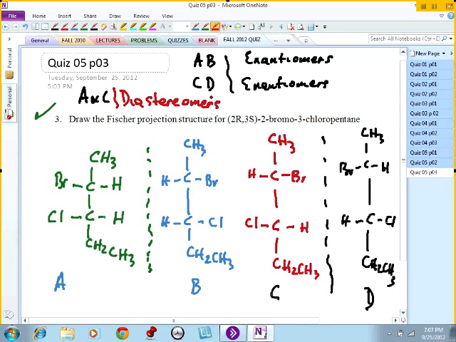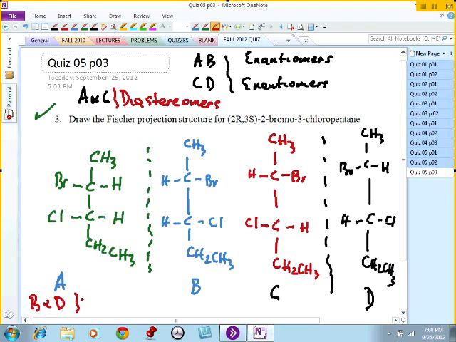Therefore, what are diastereomers? Stereoisomers that are not mirror images. And these are what we call configurational diastereomers. How about B and D? What is the relationship between them? They are diastereomers.